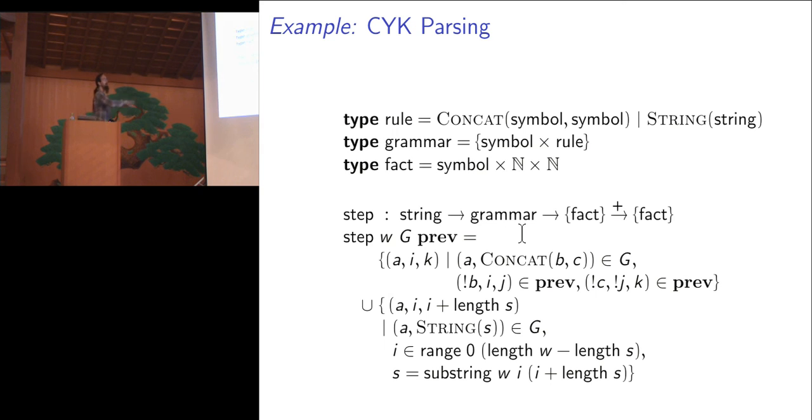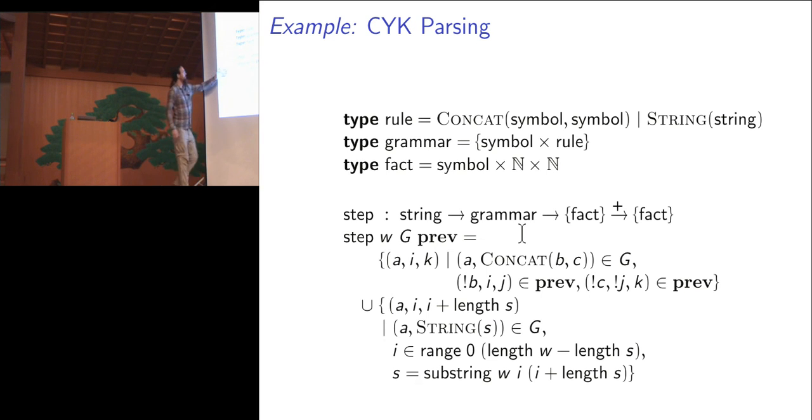First, we talk about the types we want to operate over. We consider only concatenations of two symbols or literal strings. Our grammar is just a set of production rules, literally a set of production rules, no fancy work involved. Then we have the step function, and this is the function we're going to want to take the fixed point of. In fact, these are the facts we're going to derive through inference.